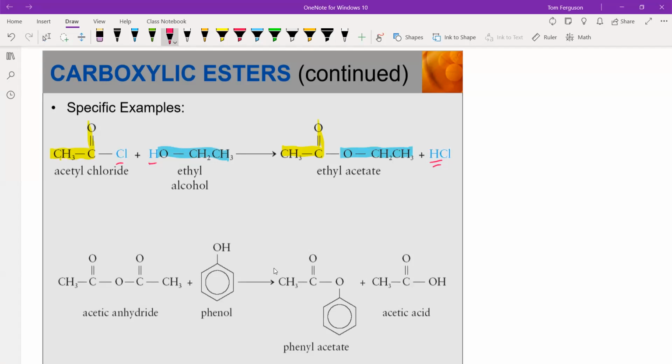Okay, if we're looking at using the anhydride, we have the acid here, alcohol here, and then we kick off this as an acid here. Let's do that in green.